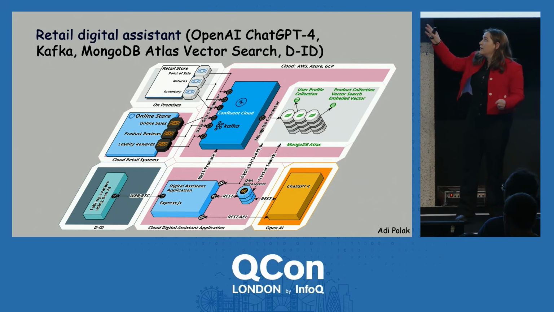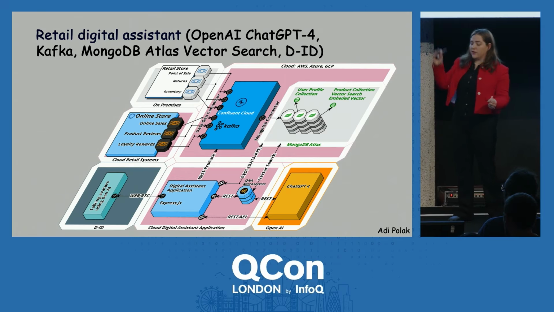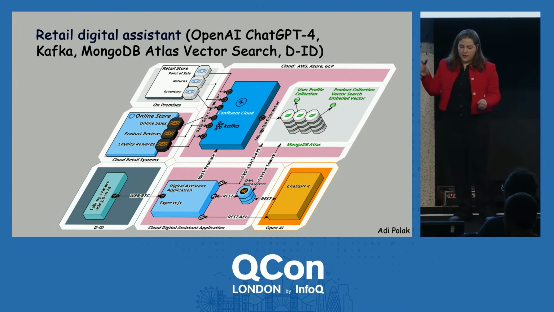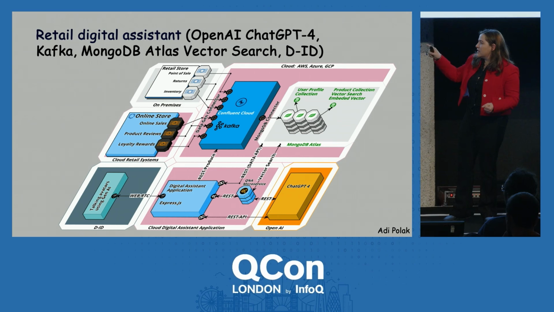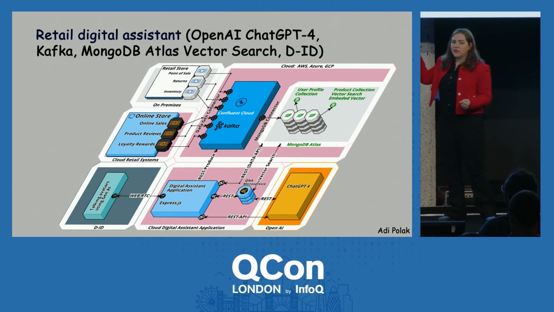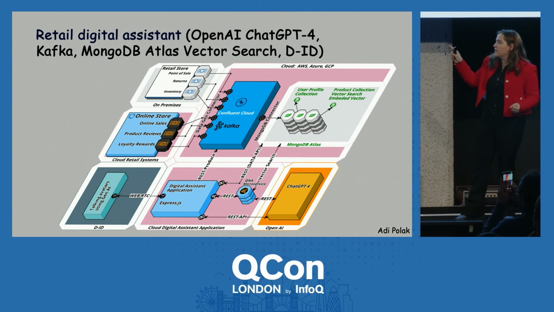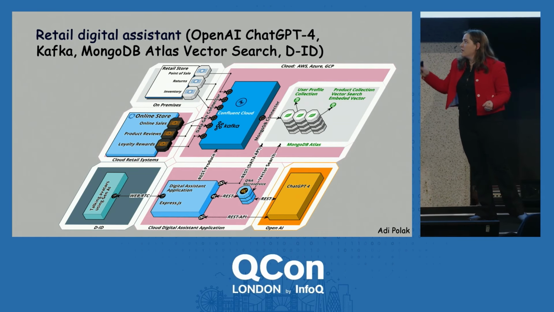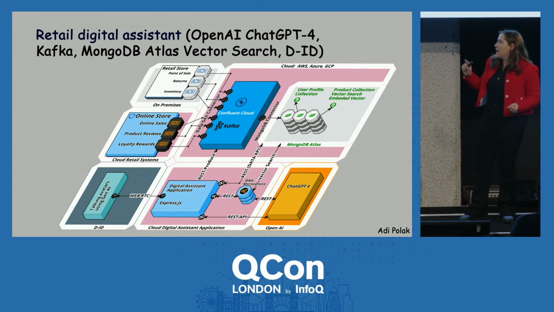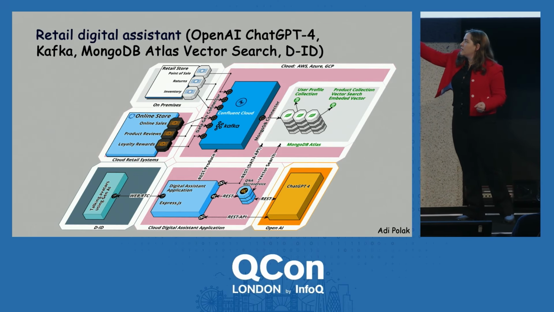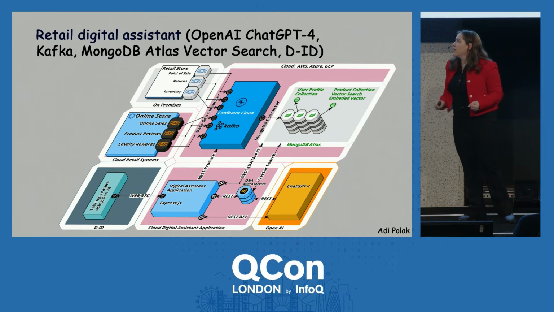They have Confluent Cloud in the middle. They're using Kafka and Kafka Connect right in there. And for the AI part, there's the Cloud Digital Assistant application that they built over multiple applications using JavaScript, so you see Express.js, but the REST API to communicate directly with OpenAI through Kafka. You can see it goes through the Kafka ones.